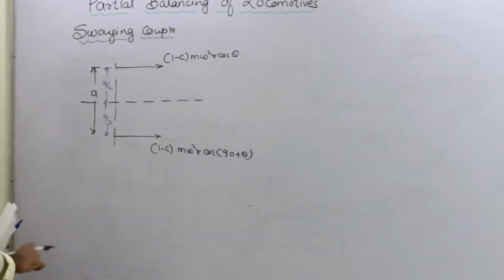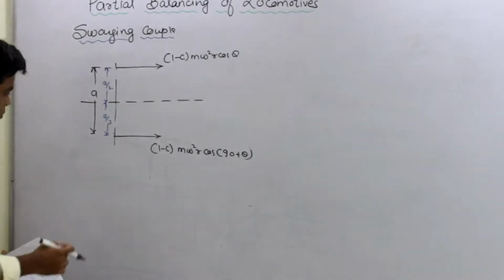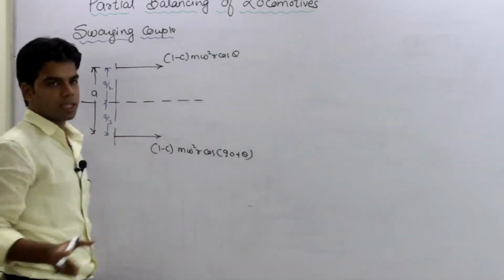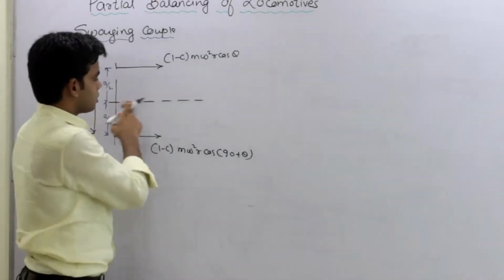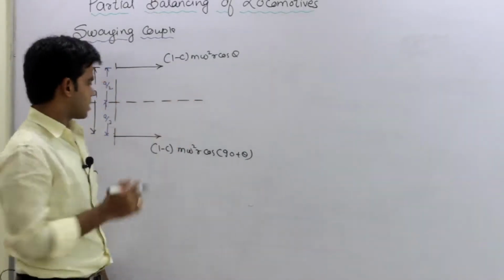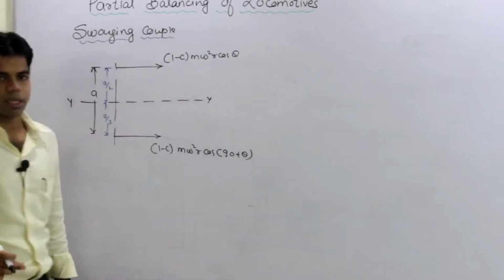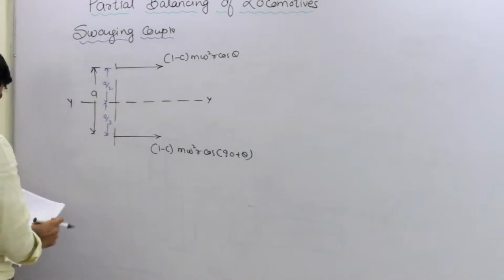Getting this now? What will be the net couple? What will be the swaying couple? Because these two are different forces, they will not cancel out each other, so there will be a net couple along the axis. Suppose this axis is a y axis. What will be that net couple?